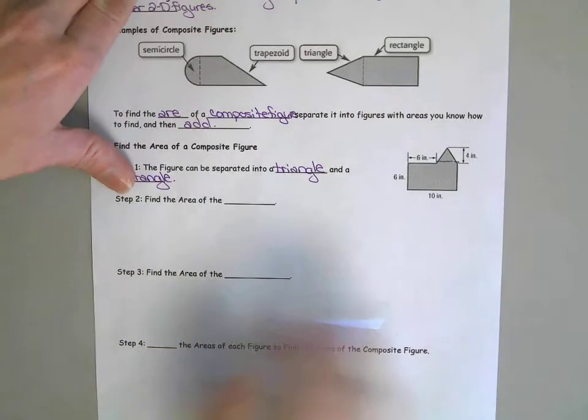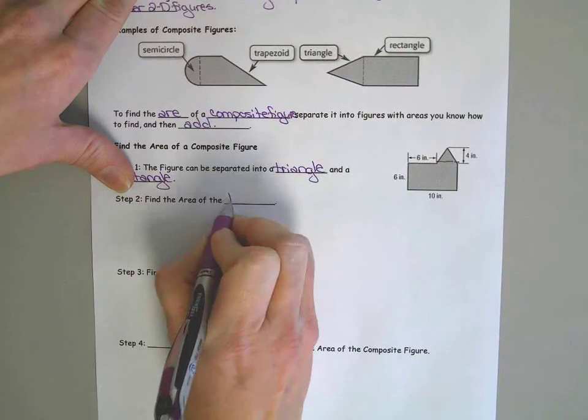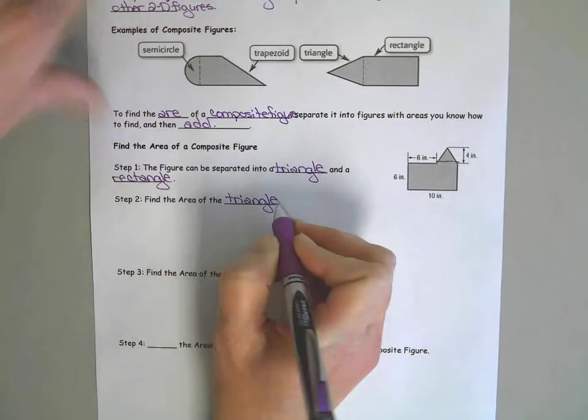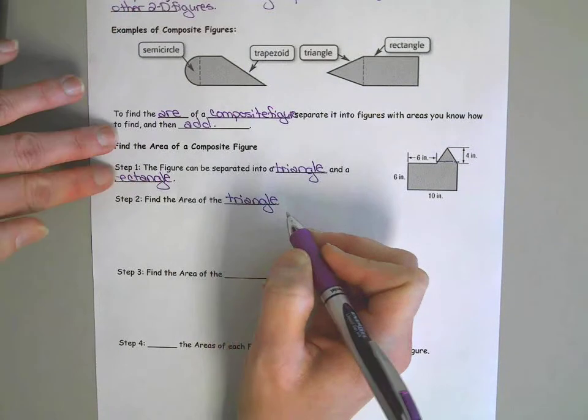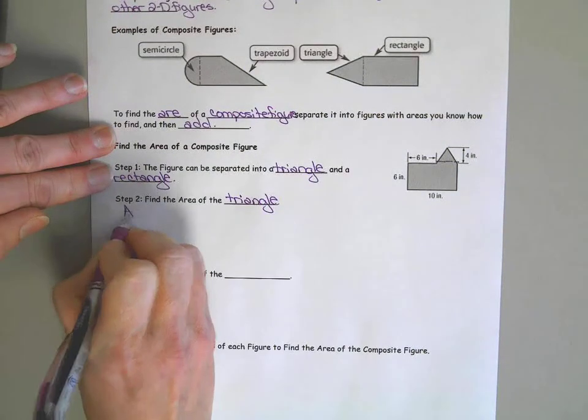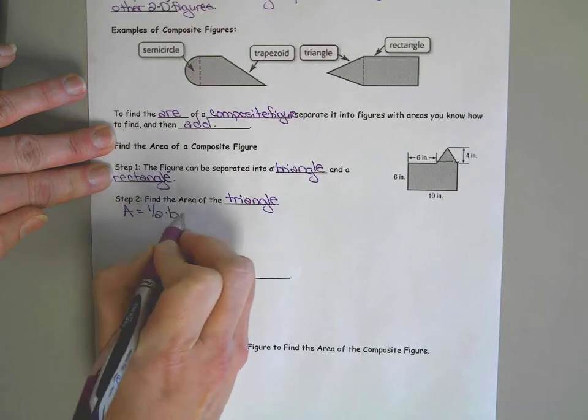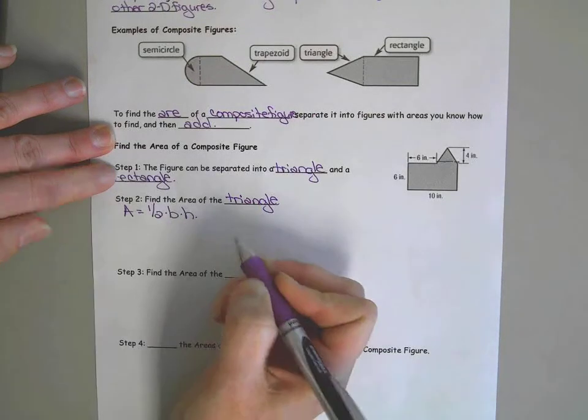So first we'll start with finding the area of the triangle. We know that area equals half times base times height.